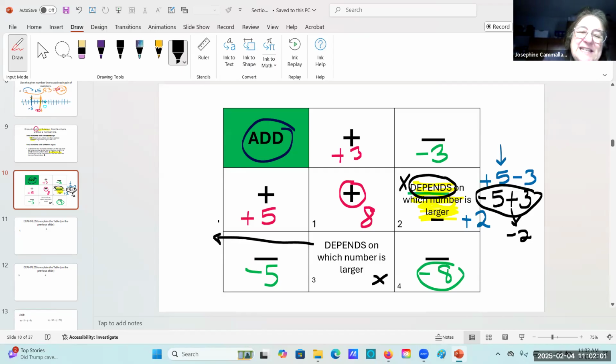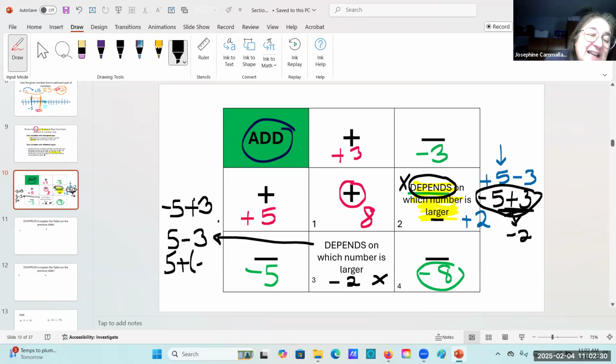If we take a negative 5 and a positive 3, notice, that gives me the negative 2. Just what I did here. But if I have a positive 5 minus 3, and remember, this is 5 plus a negative 3, this is going to give me a positive 2.